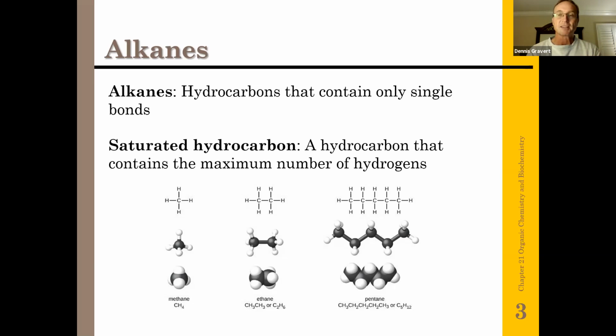But if there are some double bonds in the molecule or triple bonds or rings, so if you take a long chain of carbons and connect them end to end to get a ring, then those are not going to be saturated with hydrogen. Double bonds, triple bonds, rings take up some bonds that could have been attached to hydrogen. Anyways, another useful term we'll see later, saturated hydrocarbons.